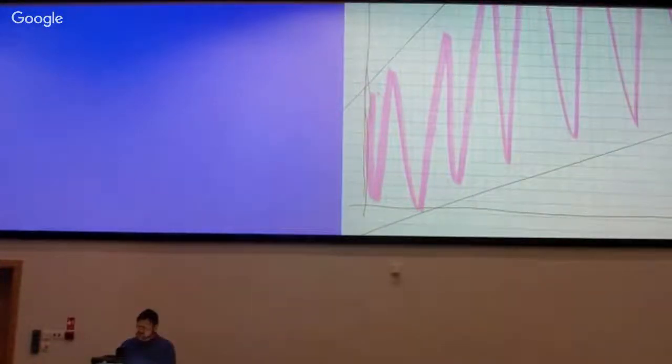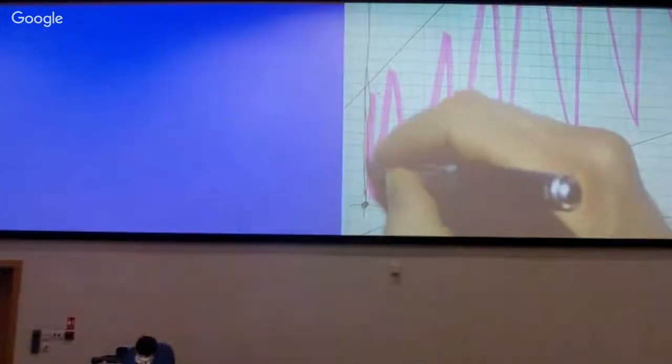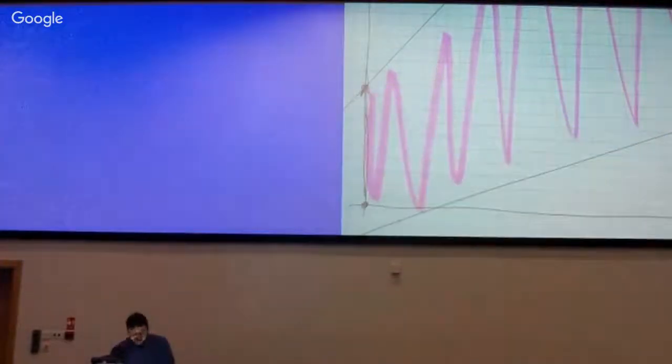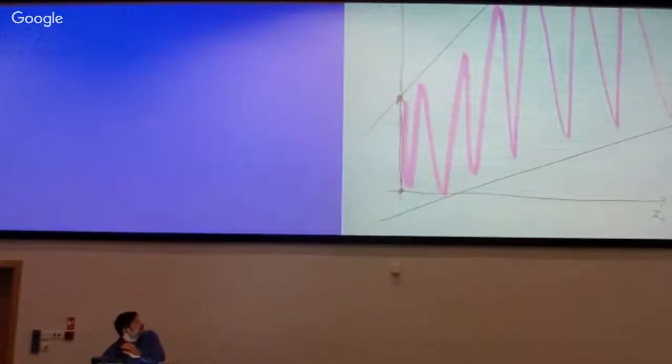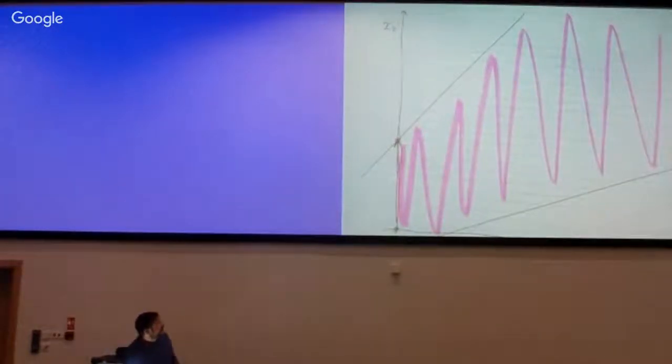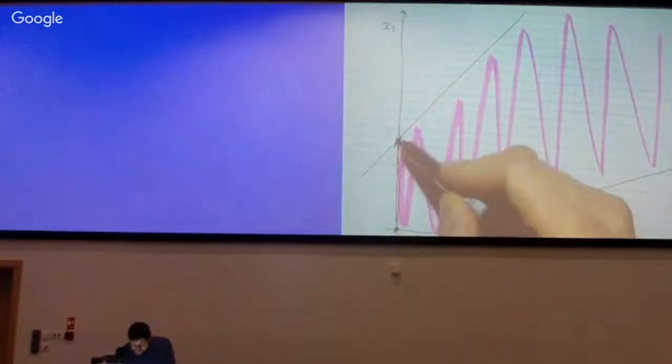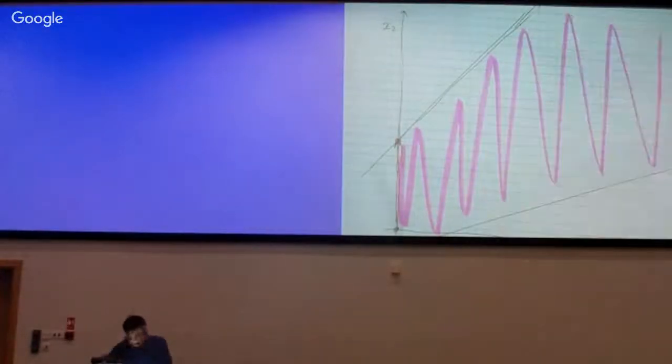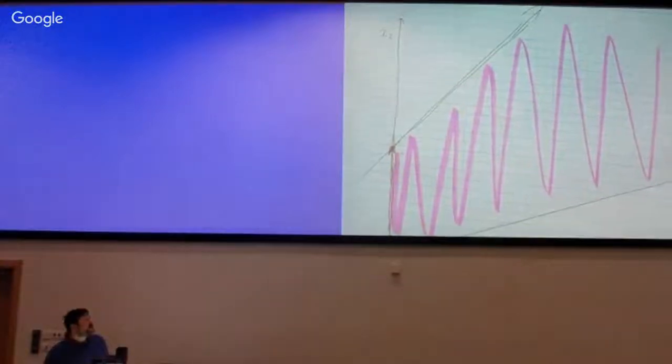For example, in the first pivot step, I move over here. And then in the second pivot, I'm starting to go here. And I go and go and go, and I never meet any other constraint, and I can go to infinity, and that's it. So if you're going that way, you can keep increasing your objective as much as you want, and there's nothing stopping you. And a thing like this is called an unbounded problem.